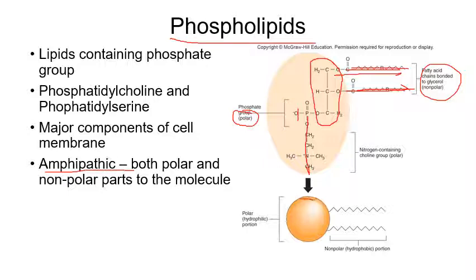They call it the polar head of the molecule. Remember, polar is hydrophilic. It loves water. Whereas we have the nonpolar fatty acid chains that are hydrophobic. So nonpolar, polar. Doesn't like water, likes water.